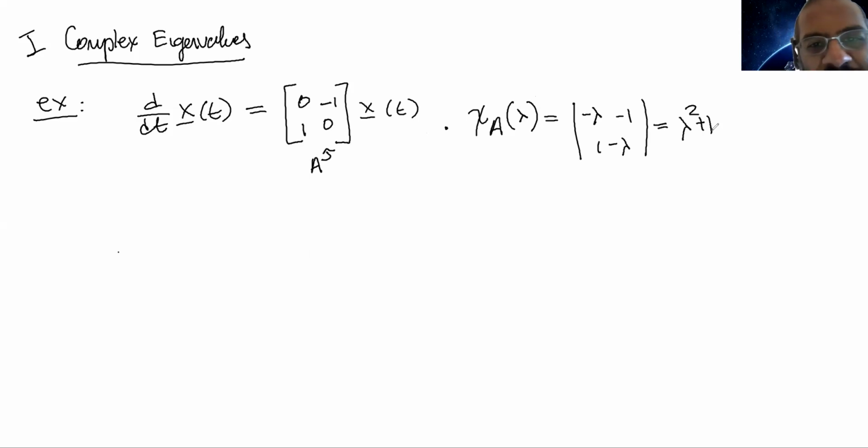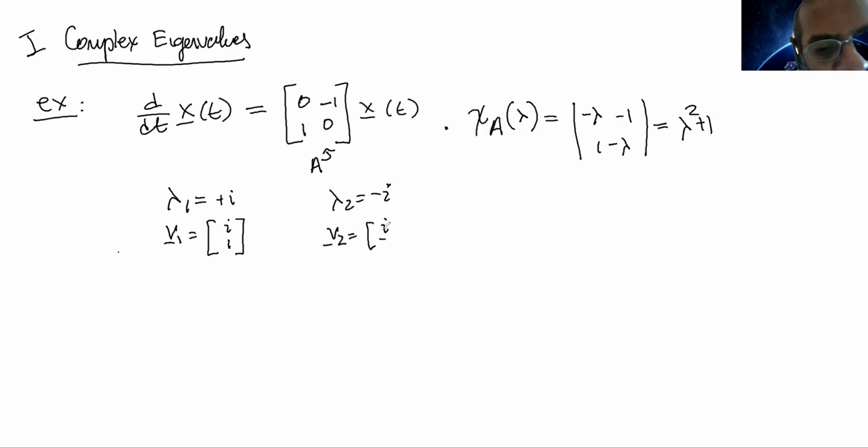We've seen this many times before. In particular, the eigenvalues are plus i and minus i. And they have some eigenvectors, which we also calculated before. They're i, 1 and minus i, 1, sorry.